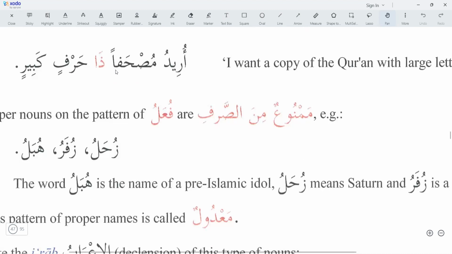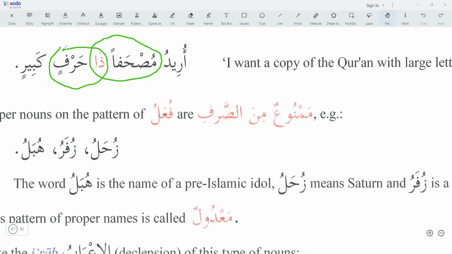Uridu mushafan za harfin kabirin. So this is mansoob. I want a copy of the Quran with large letters. Za harfin is mudaf and mudaf ilayhi.